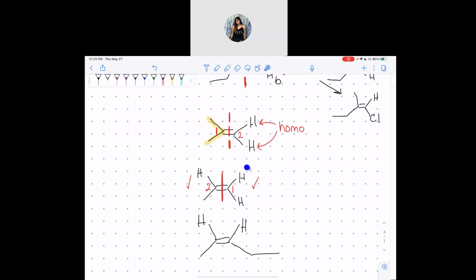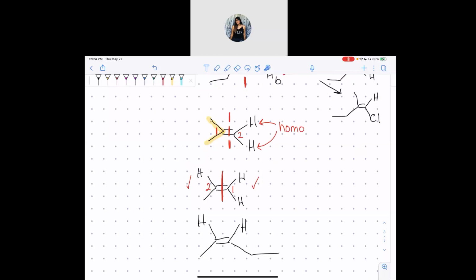Yes, so these two will be diastereotopic. Will this one and this one be diastereotopic? No, absolutely, because like we said, they have to be on the same carbon. So it's okay if we have a hydrogen over here.